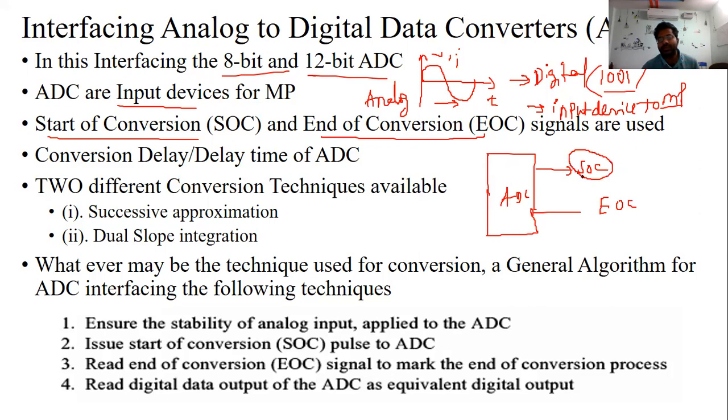Whenever our microprocessor initiates start of conversion, the ADC converts the analog signal to the digital signal. Whenever it converts analog to digital, it takes some time. After some time, the ADC generates the EOC, end of conversion.